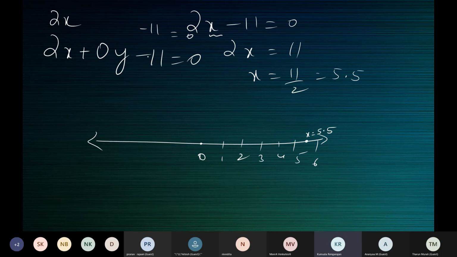Where is y? 0y. So 2x plus 0y minus 11 is equal to 0. When you write it like this, you're treating the linear equation in one variable x as an equation in two variables x and y.